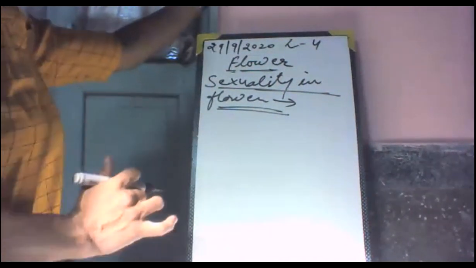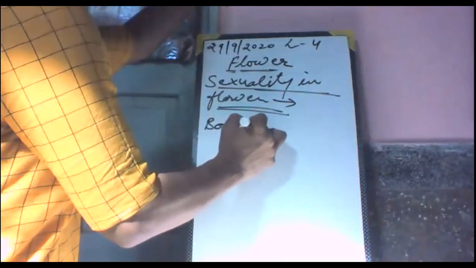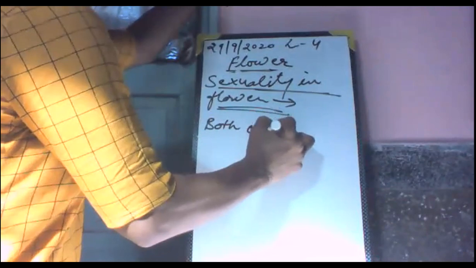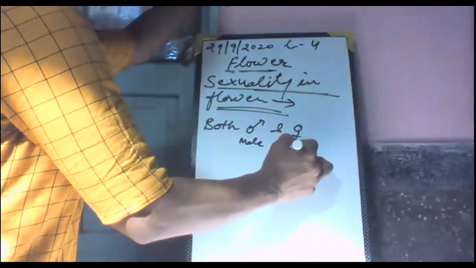There are three types of flower. These are the symbols of the male and female parts of the plant.